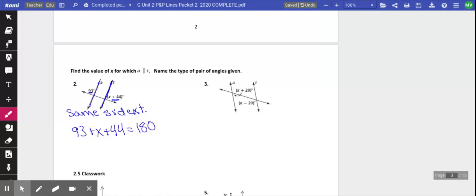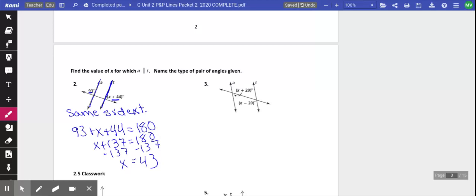So I solve that equation by first adding 93 and 44. And I get x plus 137 equals 180. I subtract 137 and x equals 43.